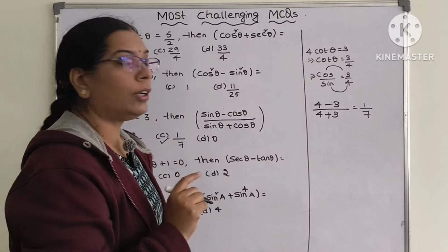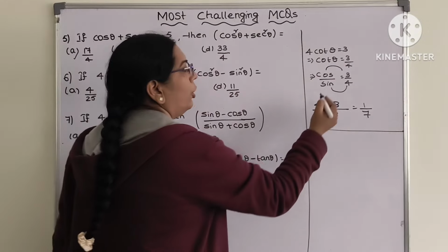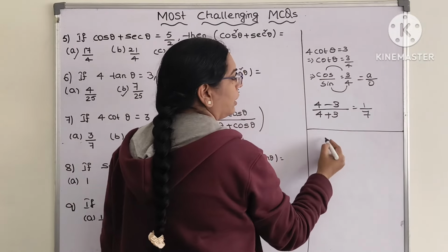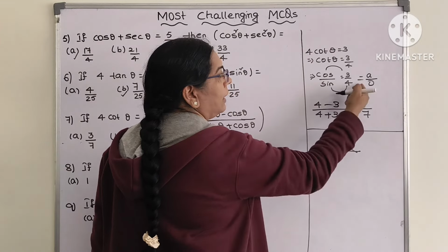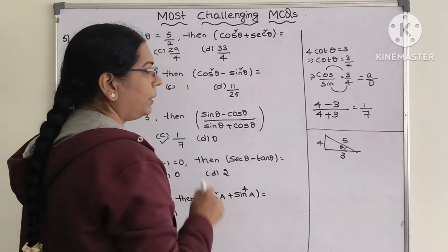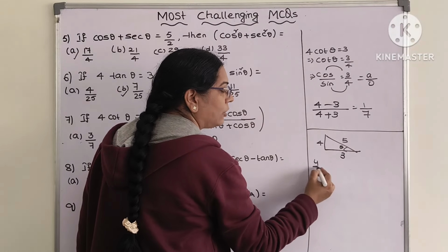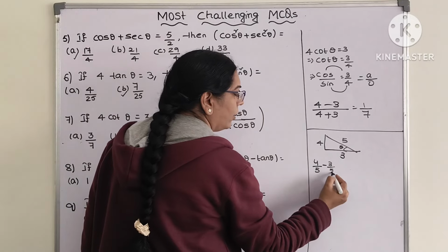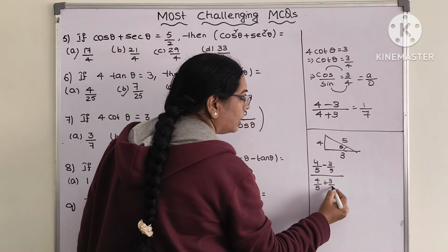But if you still want to do it in the usual method, let us do it and check. So, you know cot theta is adjacent by opposite. So, draw a triangle. If this is my theta, adjacent is 3 and opposite is 4. You know, 5 should be the hypotenuse. Now, what is it that they asked? Sin theta is 4 by 5 minus cos theta 3 by 5, divided by sin theta 4 by 5 plus cos theta 3 by 5.